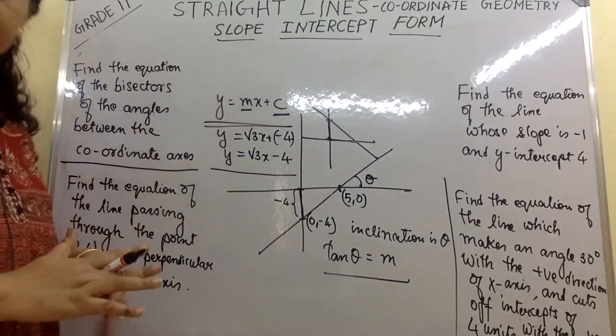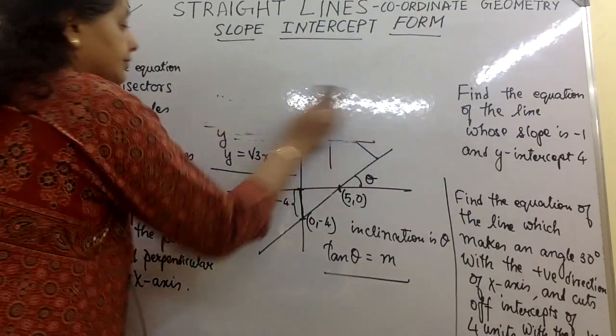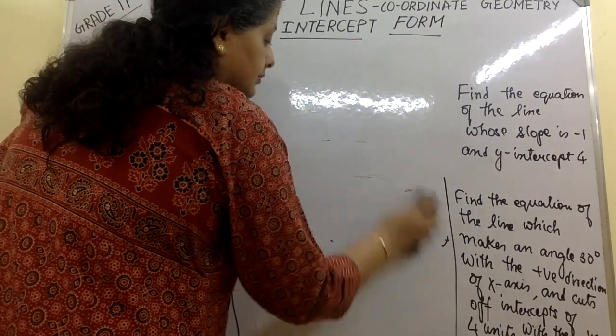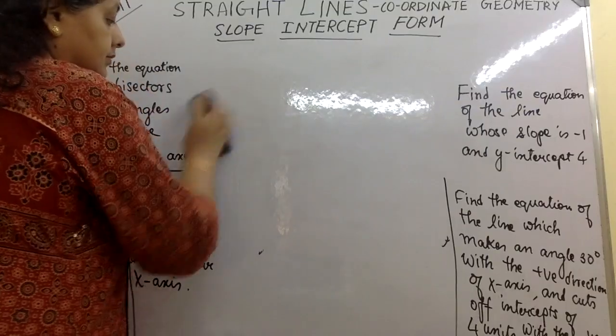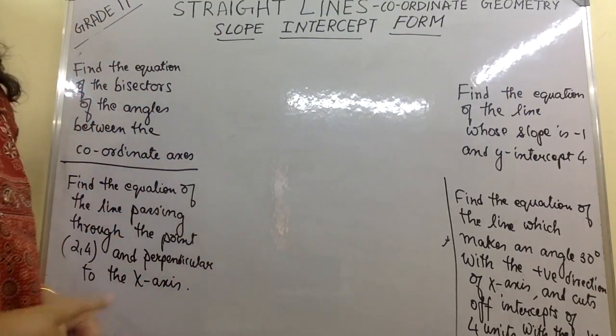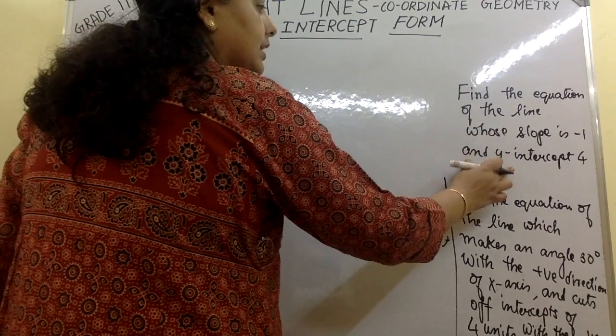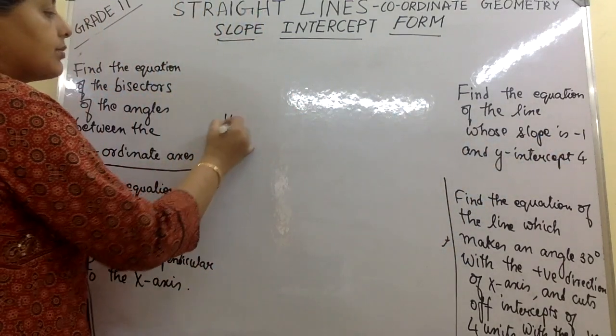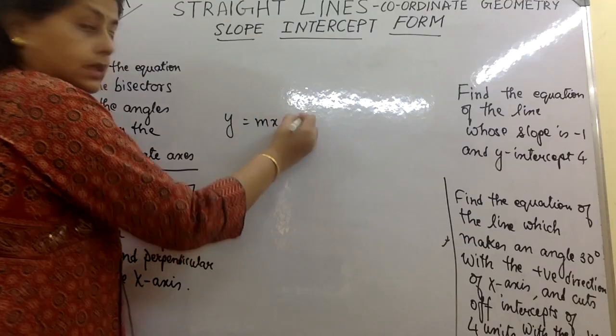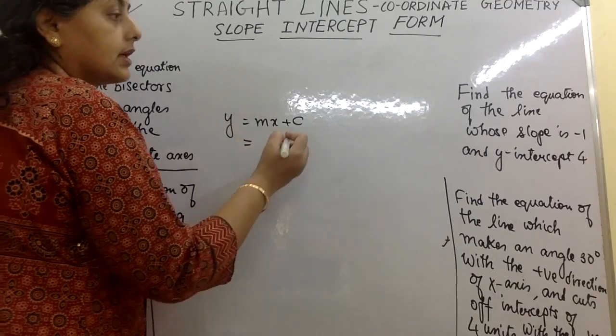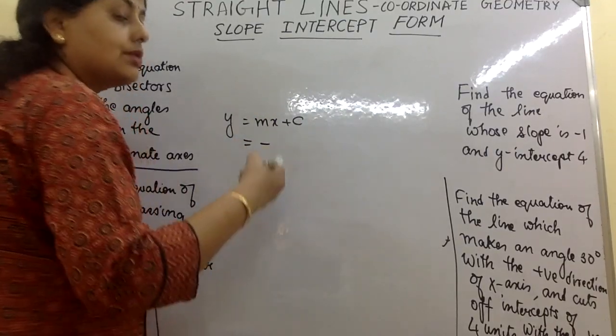Let's see the sums. Find the equation of the line whose slope is -1 and y-intercept is 4. Very simply, y is equal to mx plus c. Here the slope is given; sometimes you will have to find the slope.